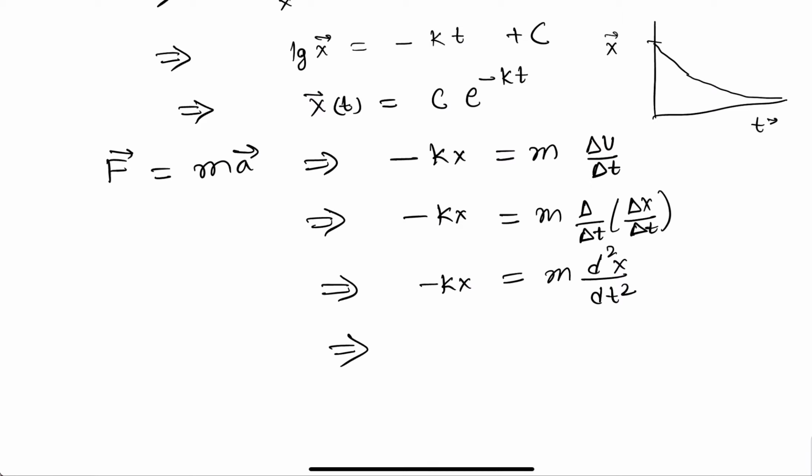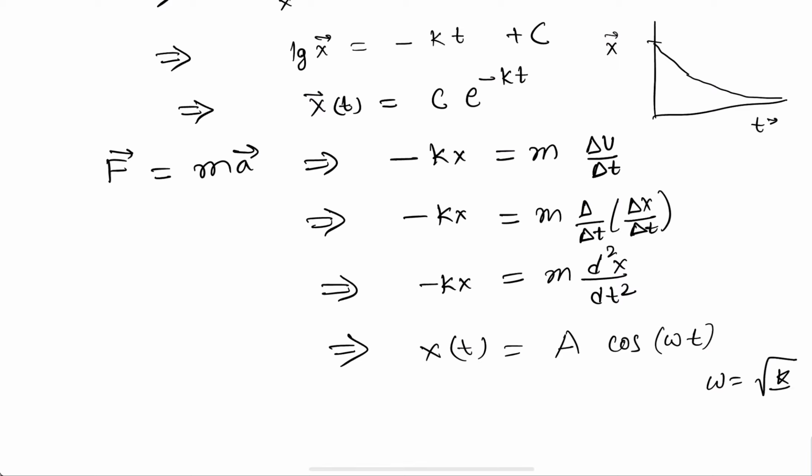You have probably seen this, the solution of such an equation would be something like x of t is some sine and cosine, cos of omega t, where omega is square root of k over m.